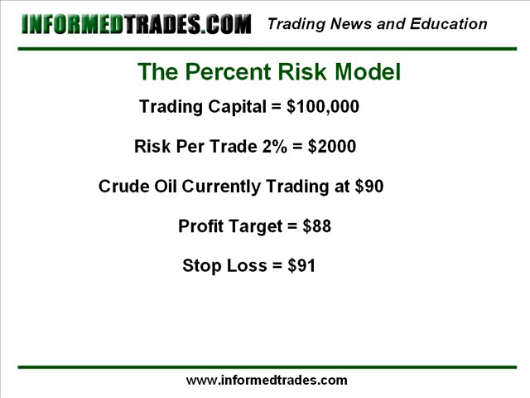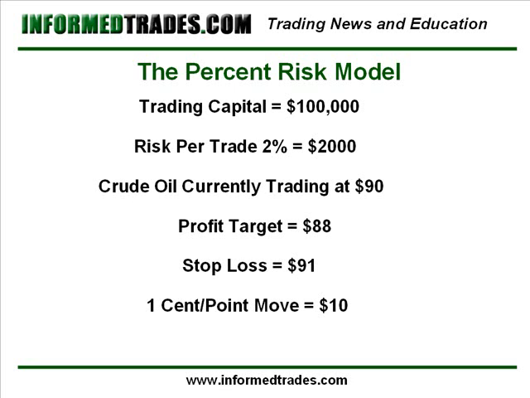So now, the next thing you need to know is how much a 1-point move in that crude oil contract is worth, so you can then go about determining how much that move from 90 to 91, which is your stop loss level, is going to cost you in terms of a dollar amount. We're going to go into where you can find information on these types of things, but let's just assume you knew already that a 1 point or 1 cent move in the crude oil contract is equal to $10.